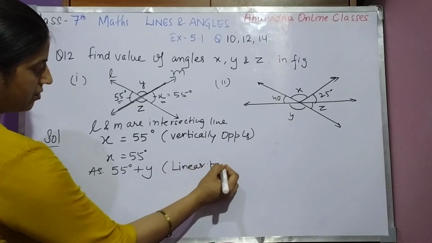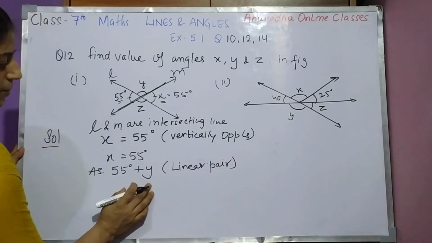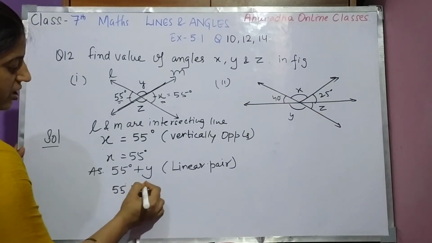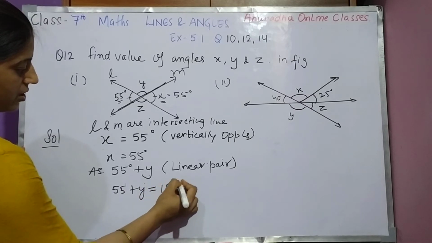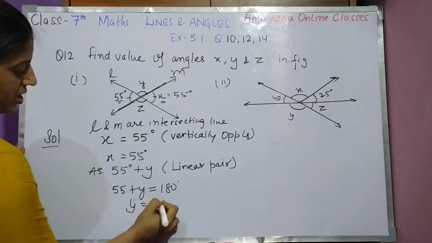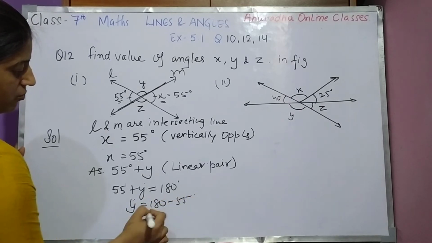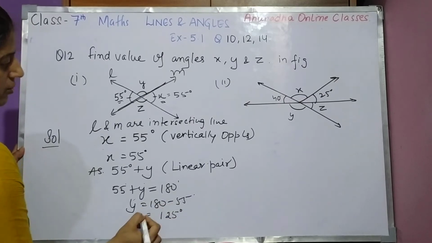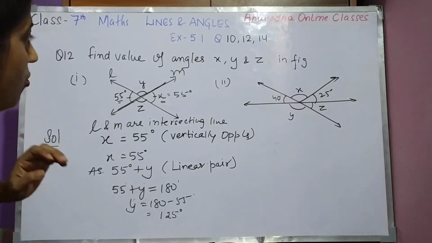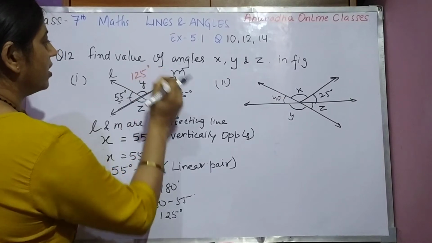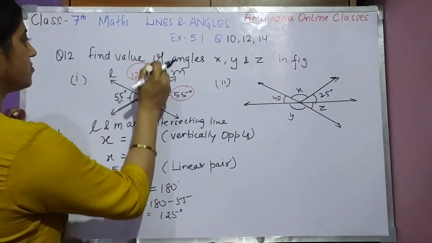If these two are a linear pair, then the sum of a linear pair is equal to 180 degrees, right? So y is equal to 180 degrees minus 55. What will you get? 125. So what is your y? Y is 125 degrees.